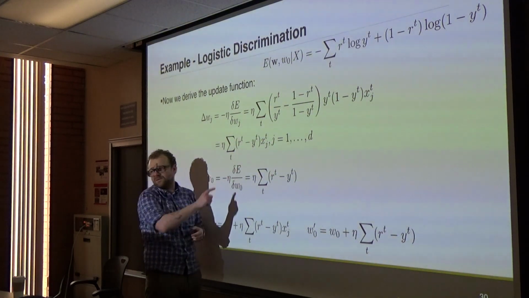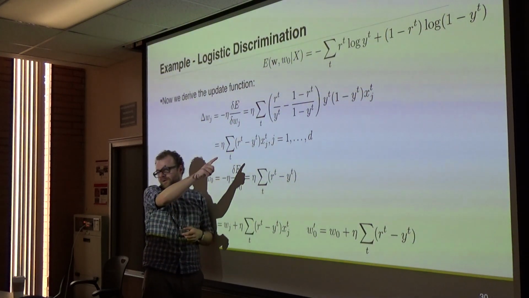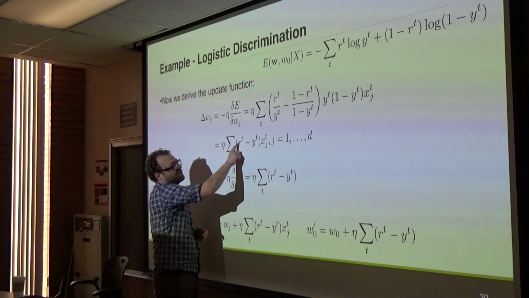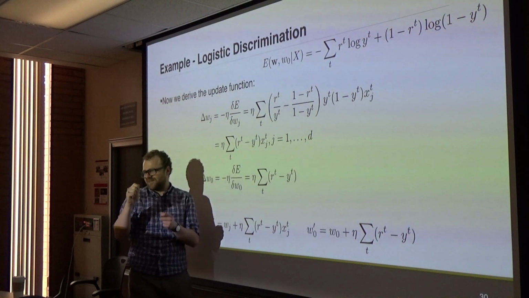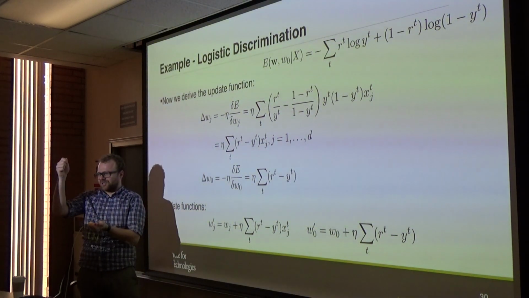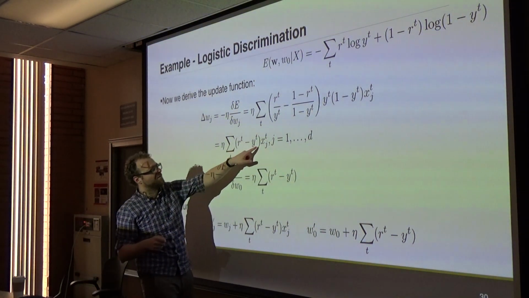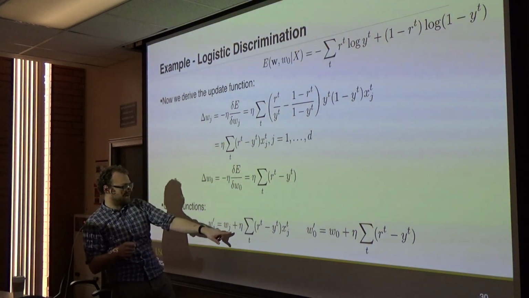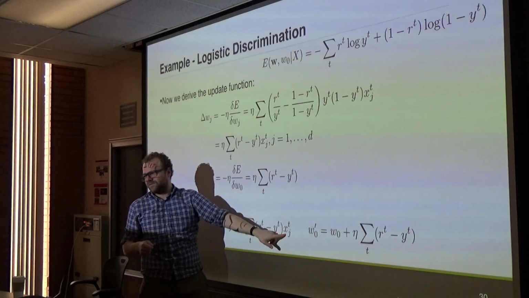If this is equal, that thing is not updating. But if it's not equal, we move depending on whether we are predicting a larger or a smaller value. We're moving our weight, which is updated down here, in the direction of x.